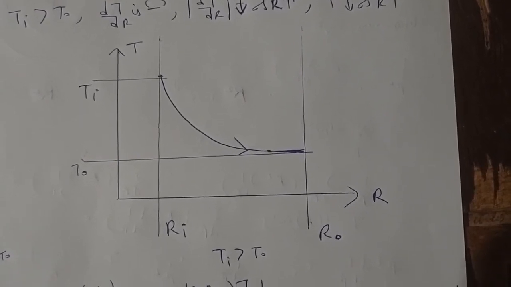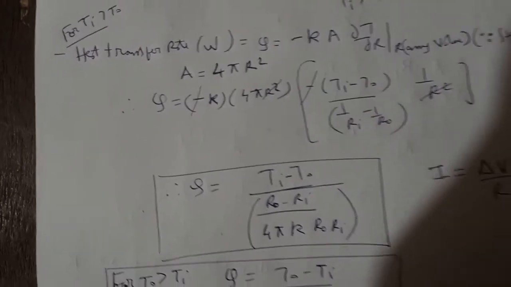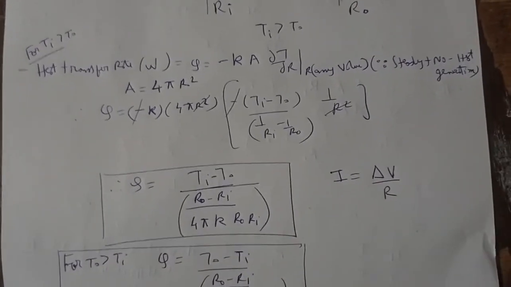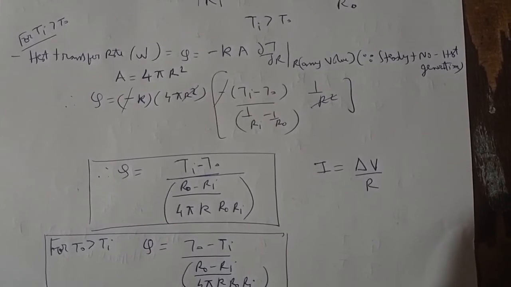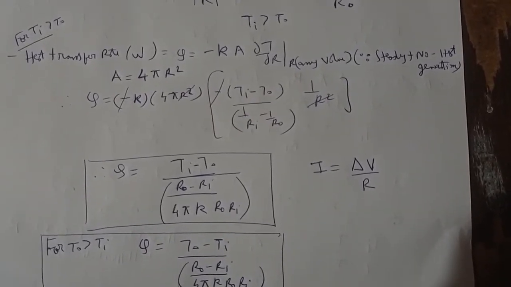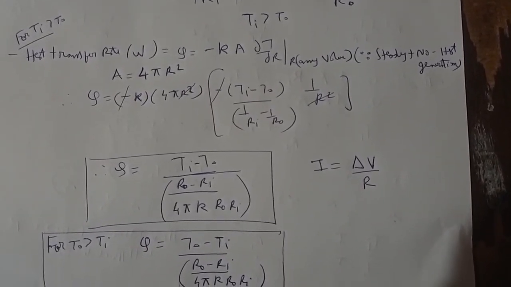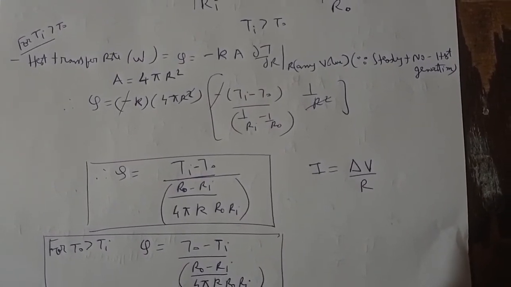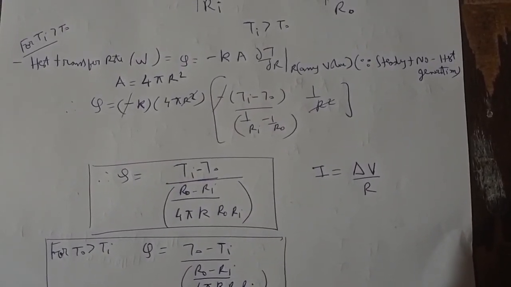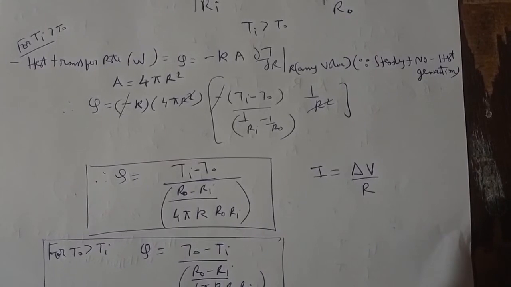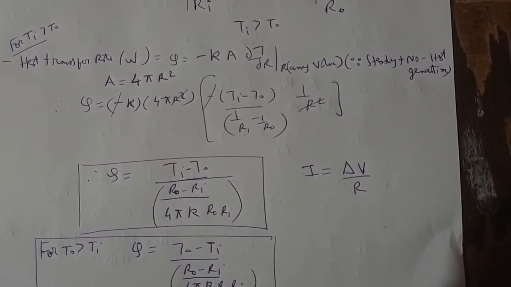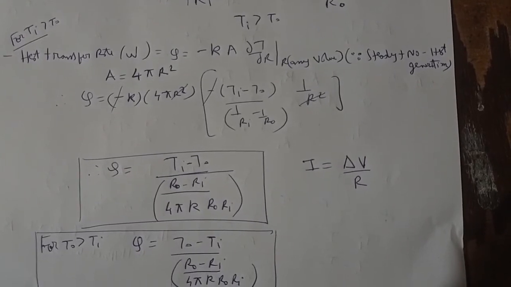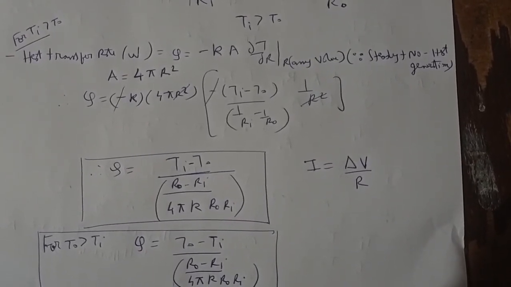Then go for the heat transfer rate. We will go for the case of Ti greater than To. The heat transfer rate in Watt will be Q, which is minus kA dou T by dou R at any R. This is for Ti greater than To, that is the heat transfer will be radially outward, so there is a minus sign in front of k. We have written dou T by dou R at any R because this is a case of steady and no heat generation, so the Q value will be the same at any R value.